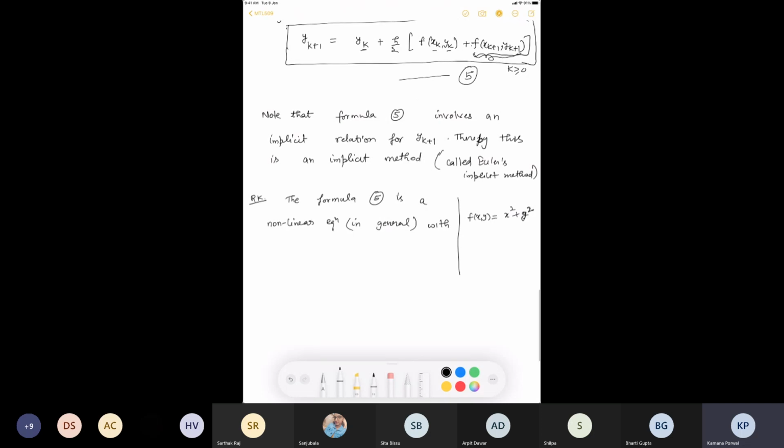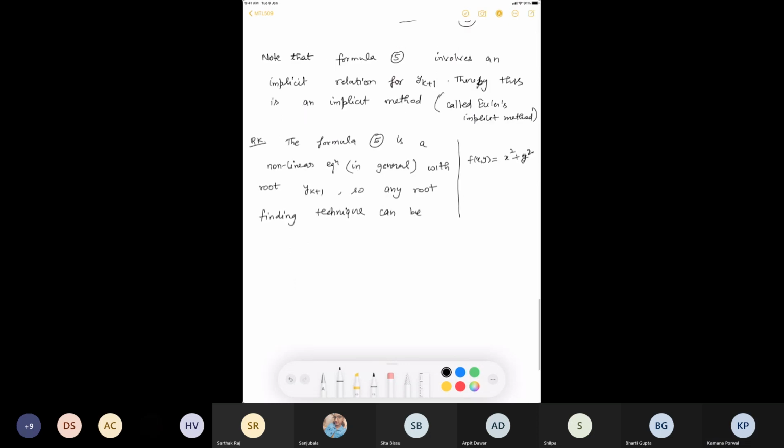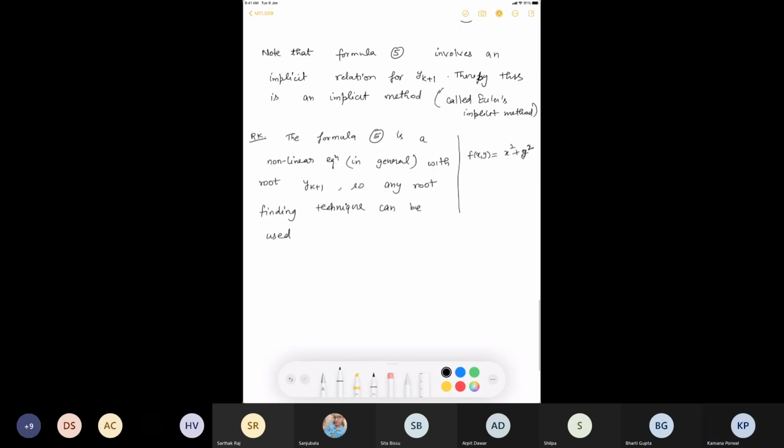It is yk plus 1, with root yk plus 1, okay? So any root finding technique can be used to solve this equation, to solve for yk plus 1 using this formula.